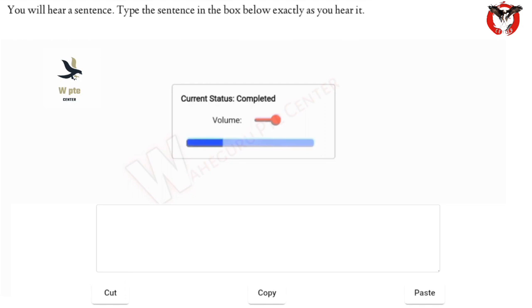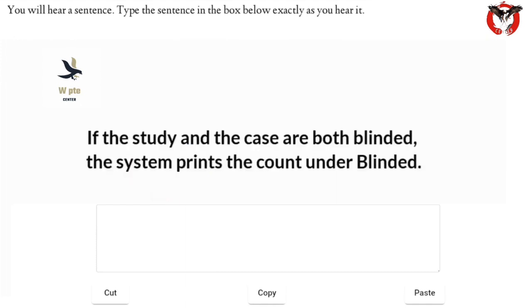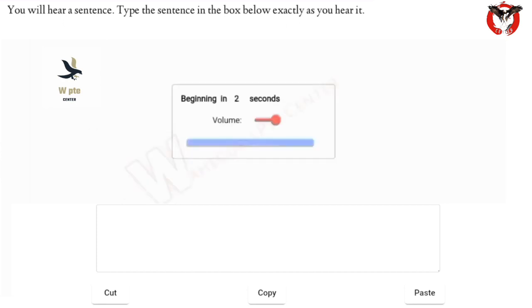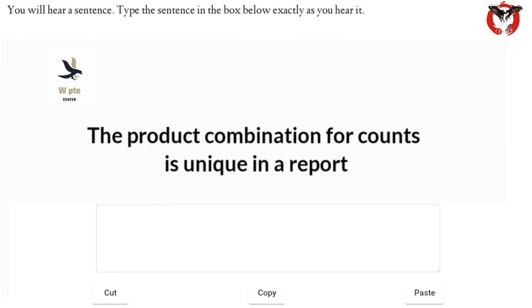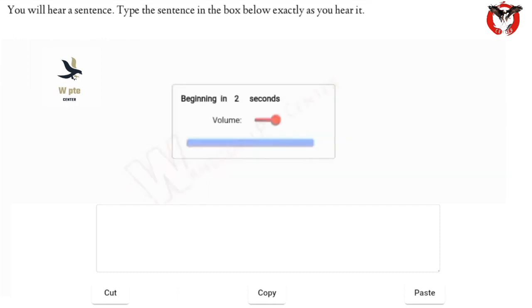If the study and the case are both blinded, the system prints the count under blinded. The product combination for counts is unique in a report. The following combinations of treatments can appear.